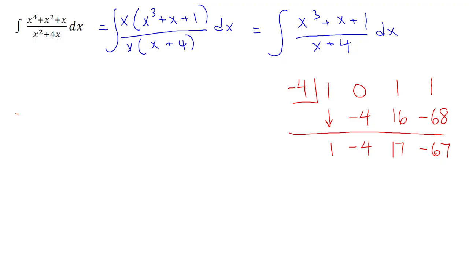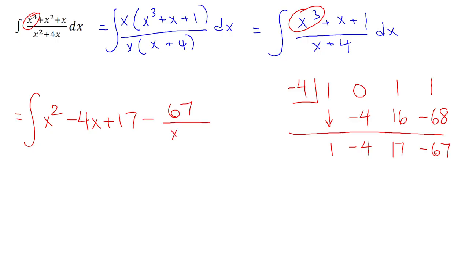So this just becomes an integral of dropping down 1 power, 1x squared, I'm sorry, not 1x cubed, 1x squared. We actually dropped down to squared here. So 1x squared minus 4x plus 17 minus our remainder of 67 over x plus 4.